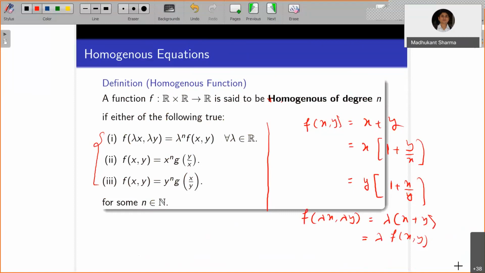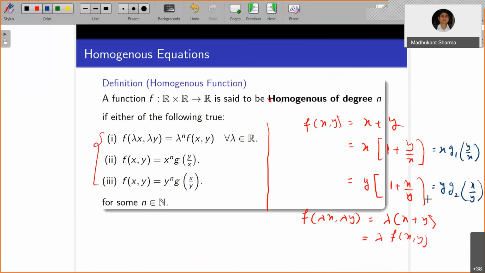So this is x times some function, let's say g1, of y by x, and this is of the form y into some other function of x by y. If you compare with this, here n is equal to 1. So this is a homogeneous function of degree 1.